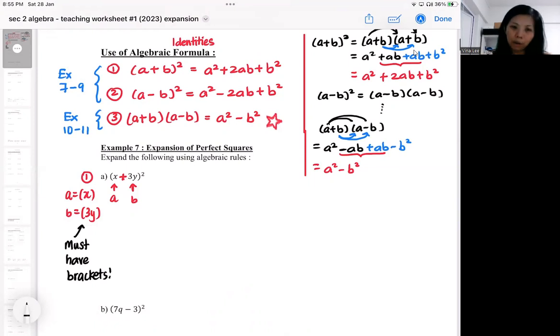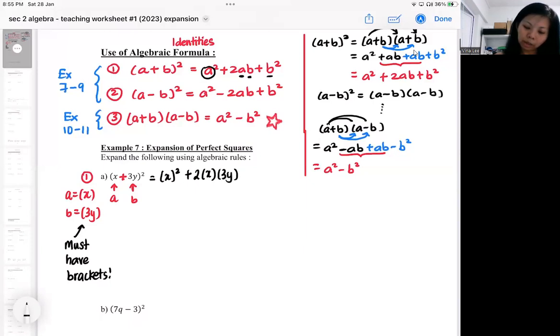You replace your a with a bracket, and b also with a bracket. Make sure everything is in brackets.